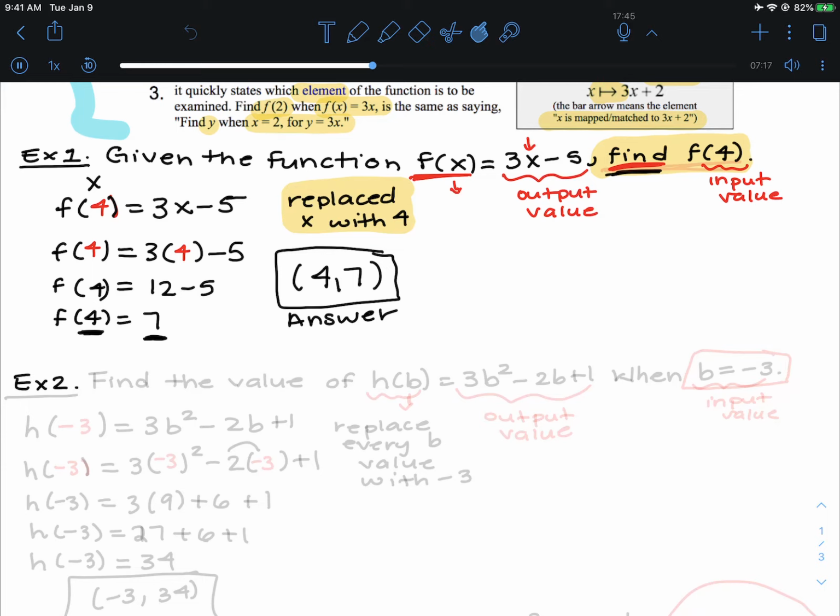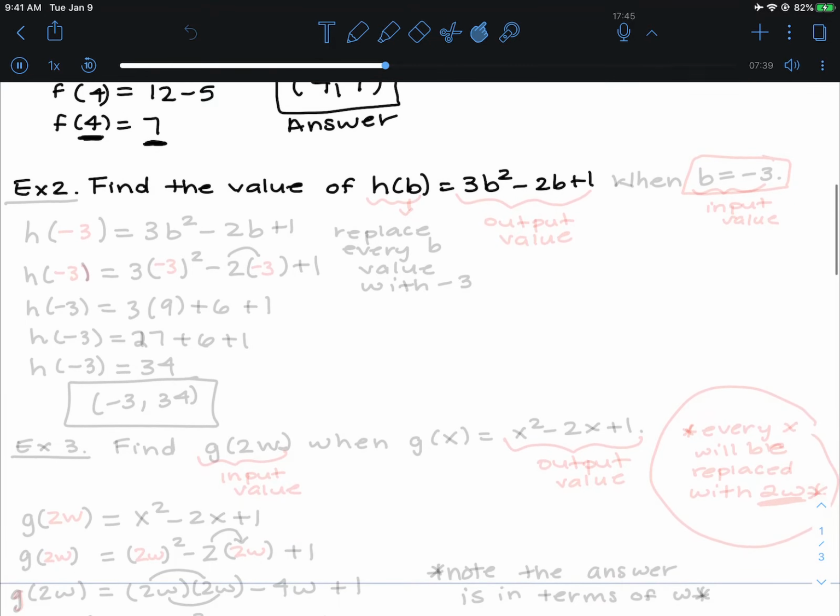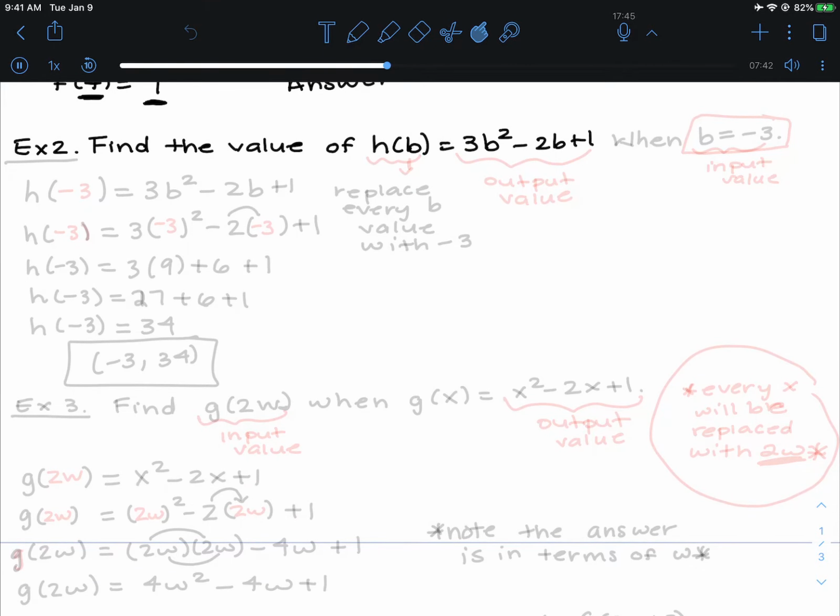Okay, so we are going to find the value of h of b equaling 3b squared minus 2b plus 1 when b equals -3.